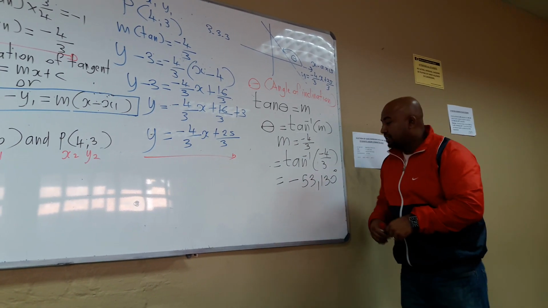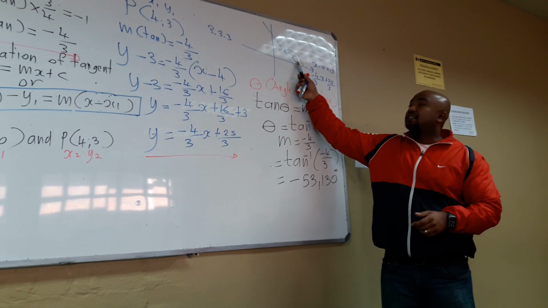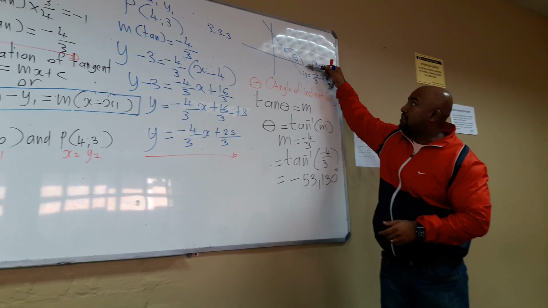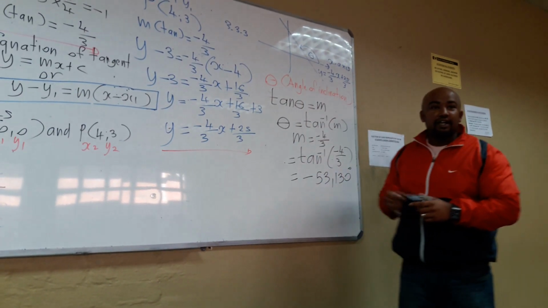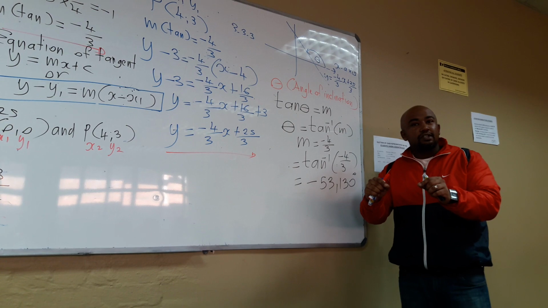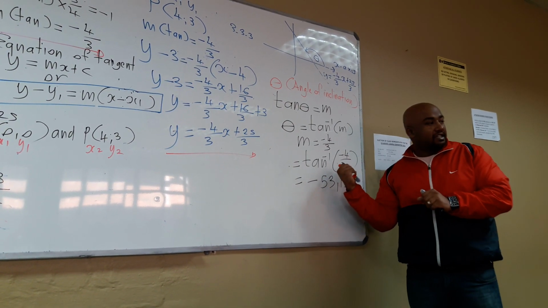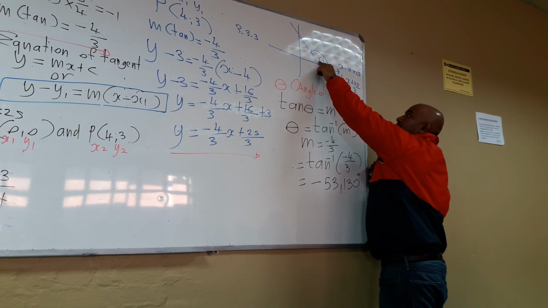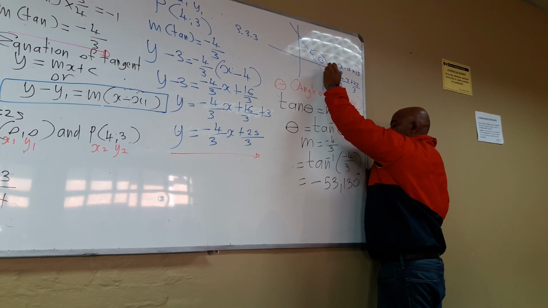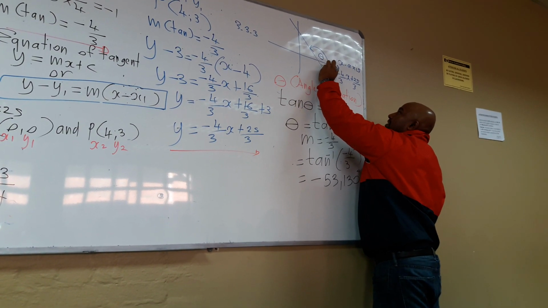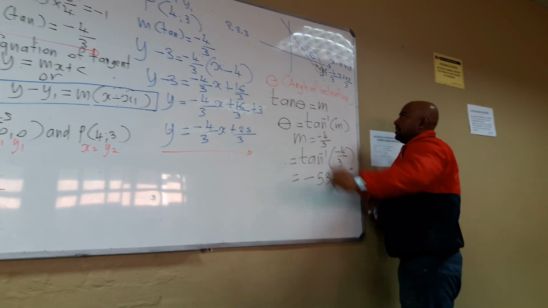Okay, so this is definitely the answer that we're looking for, measured from the positive x-axis to the straight line. So when we substitute the negative value in our calculator, we are not getting theta. We are getting this angle here, which is minus 53,130 degrees.